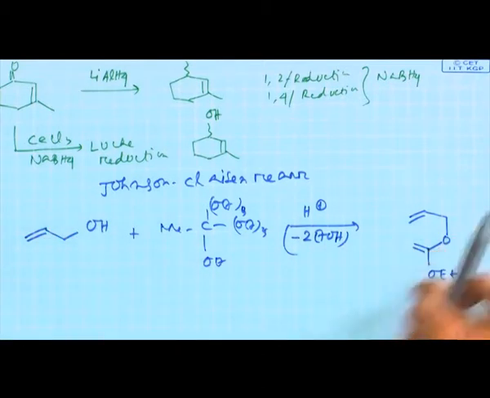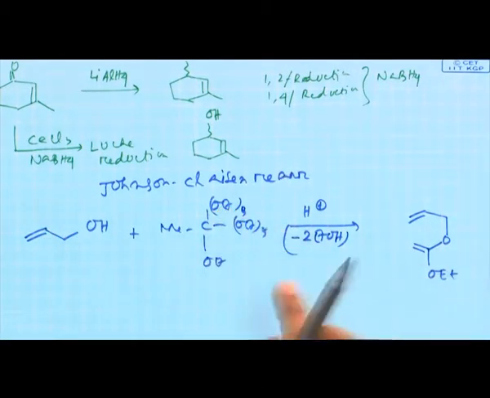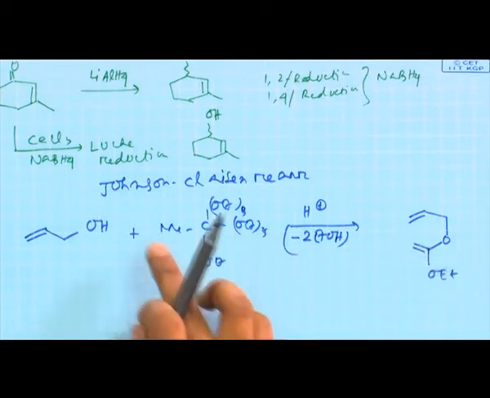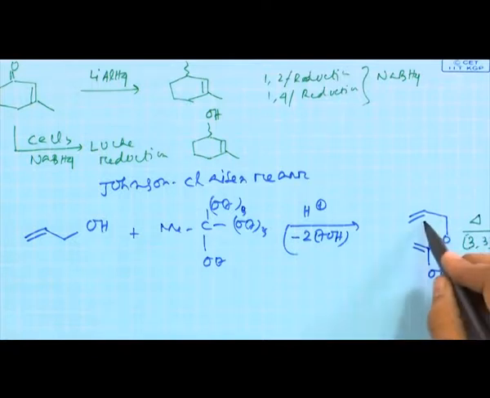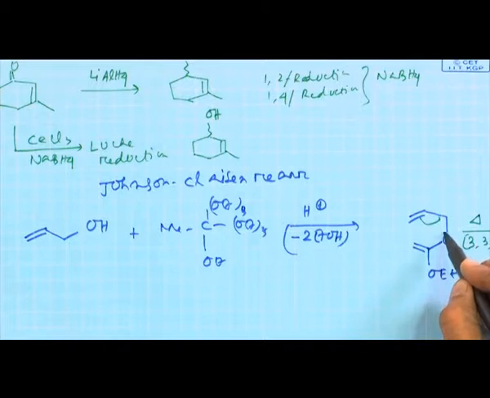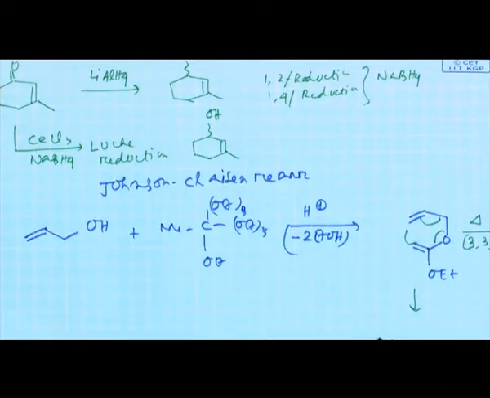One OEt remains here, and this comes from the methyl. It is a very nice and interesting reaction, which probably all of you know. Subjected to heat, a 3,3 sigmatropic rearrangement takes place.